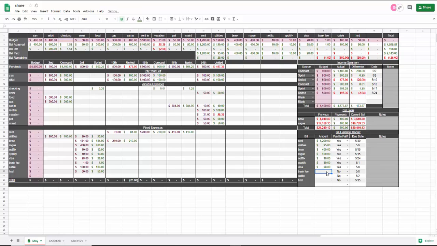Bank fee is $1. Cable, you paid 150. All right, so not too many reds, not too bad.